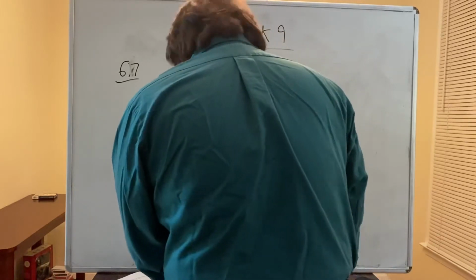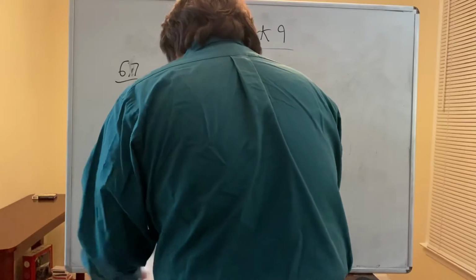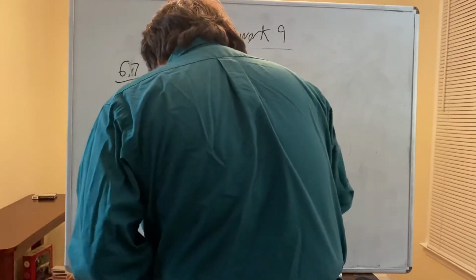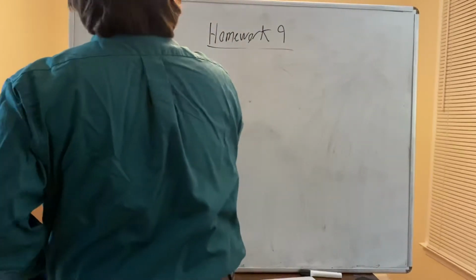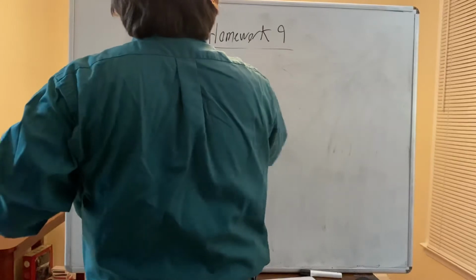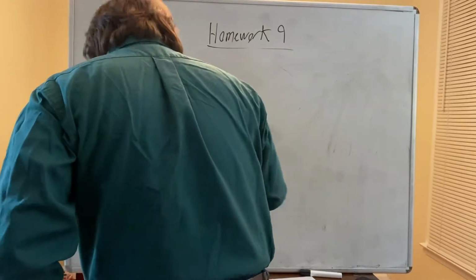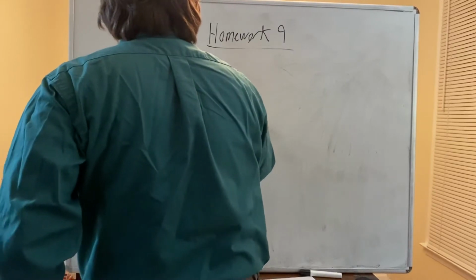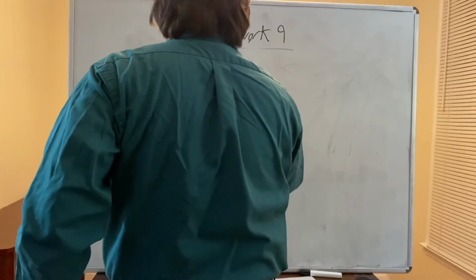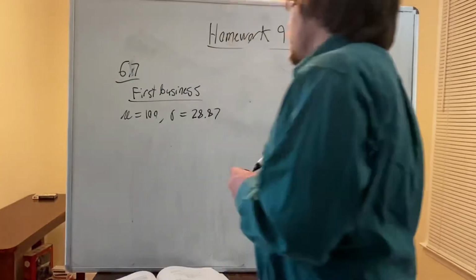So for exercise 3, section 6.5, for the first business, we have that mu, the mean, is 100, and the standard deviation, sigma, is $28.87. Okay, so that's the first business.